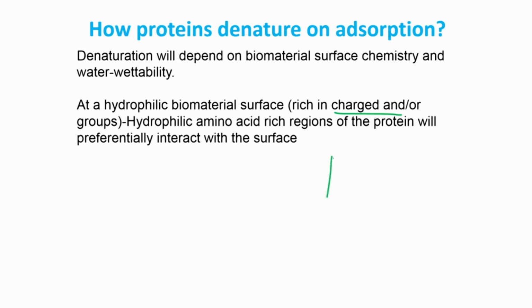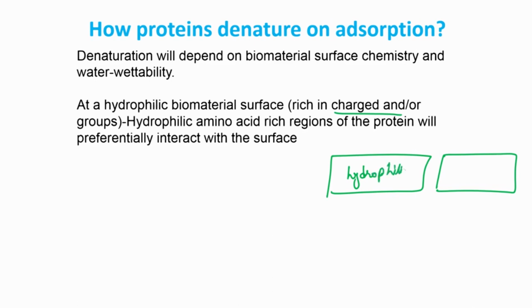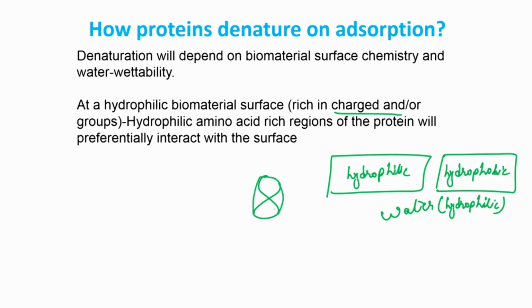So if I have, let us say, two surfaces, one is hydrophilic, another is hydrophobic, and of course I am doing this in a water environment which is hydrophilic, and I have a protein structure which is let us say like this.